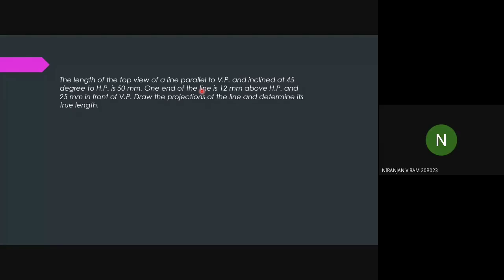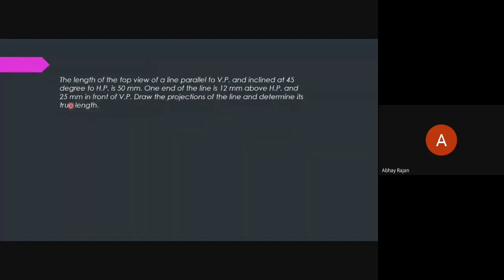Yes, sir. Clear? So what you will do is first locate this point, and from there draw a line inclined at 45 degree in the front view. Right, you can draw a line at 45 degree inclination, but you don't know the length of that line, right? Yes, sir. So for that you can draw the top view. The top view will be 25 mm in front of VP, meaning 25 mm below the XY line.